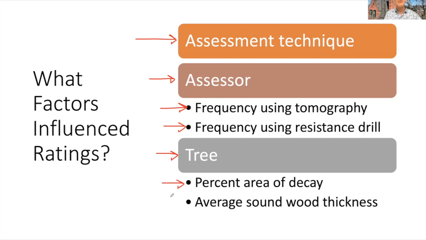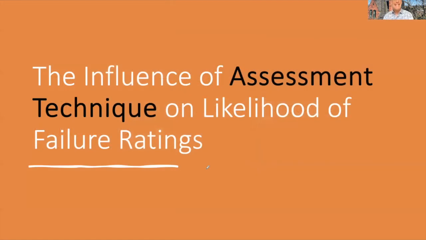It's the percent area of decay, which comes from those tomograms, as well as the average sound wood thickness, which comes from the resistograph output. So let's look at each of these factors: assessment technique, assessors, and trees. Let's look at each of them now in a little more detail.